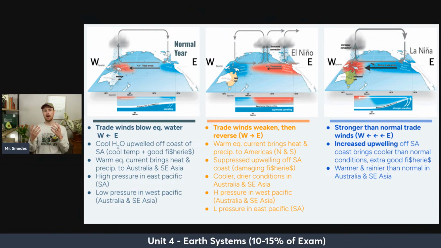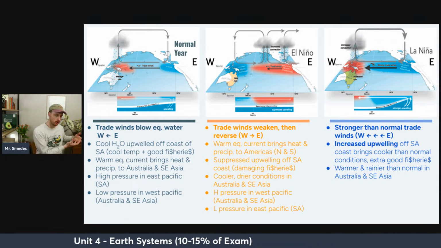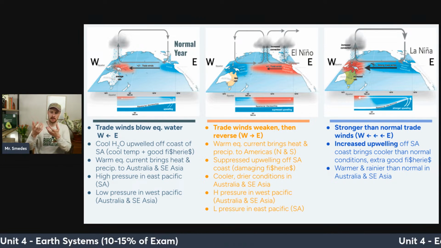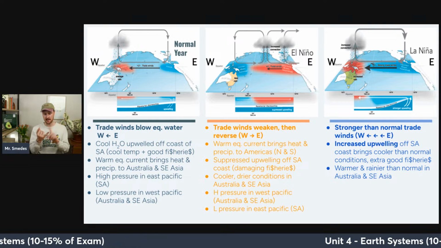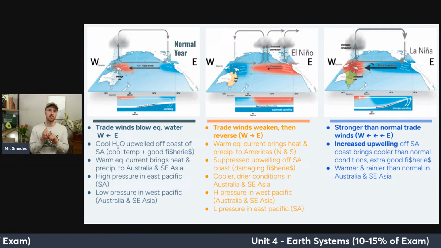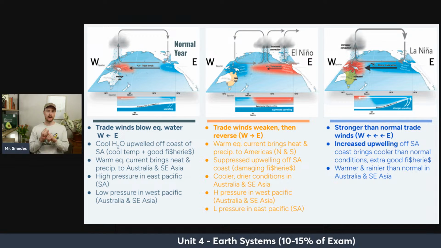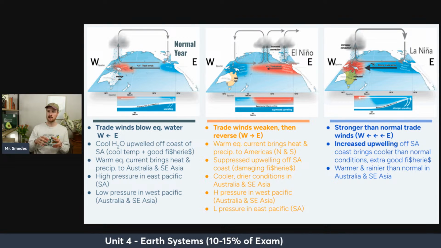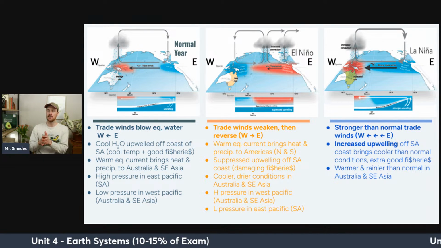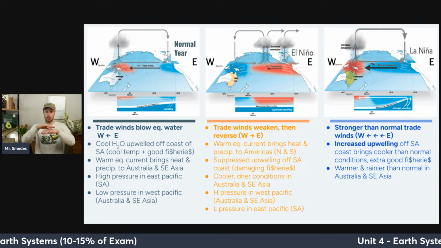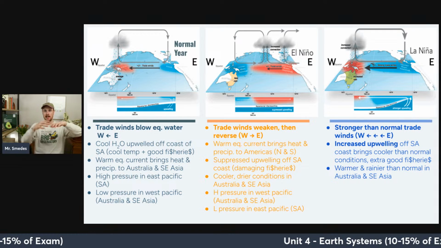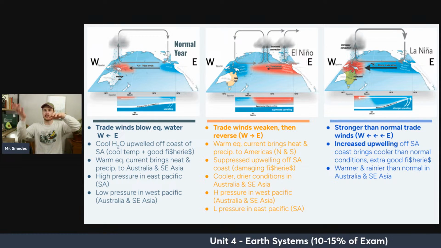That shuts off the upwelling, which is that cold, nutrient-rich water that comes up from the deep ocean and brings oxygen and nutrients and supports really productive fishing. So in an El Nino year, we have worse fishing off the coast of South America and in this Pacific region because the warm water sits on the surface and it prevents the cold water from mixing up and replacing the warm water.